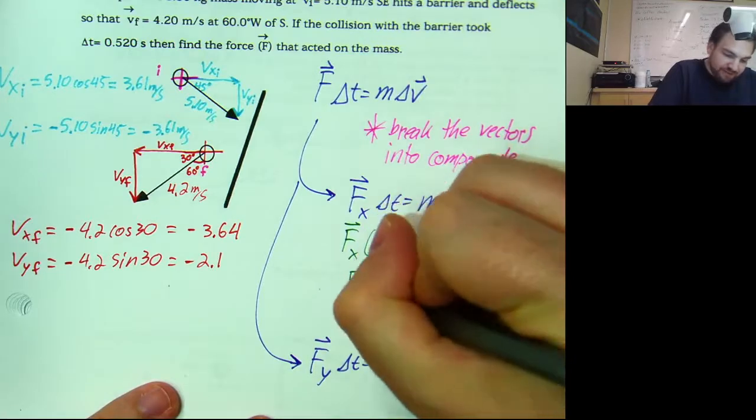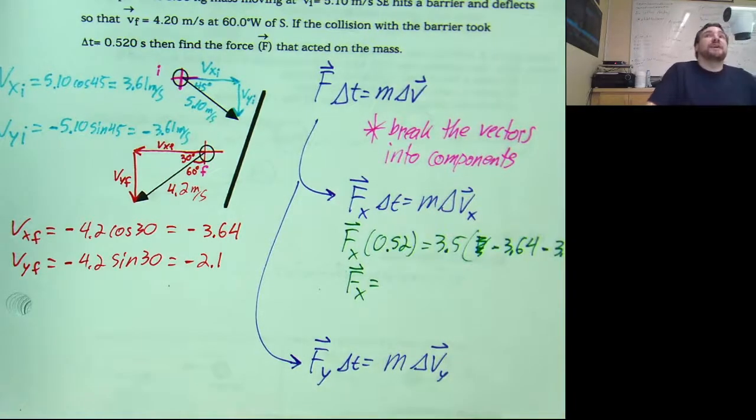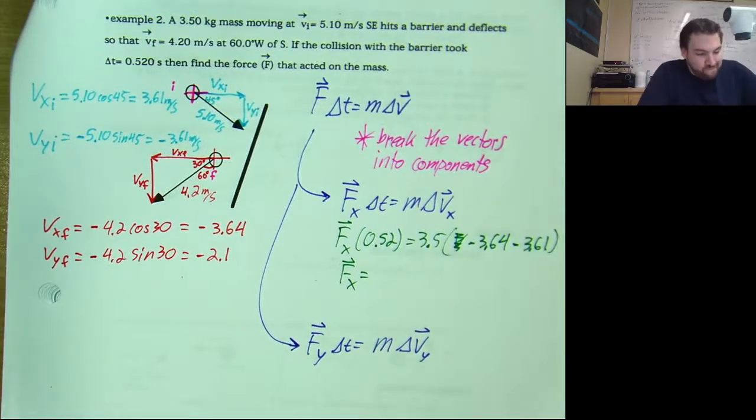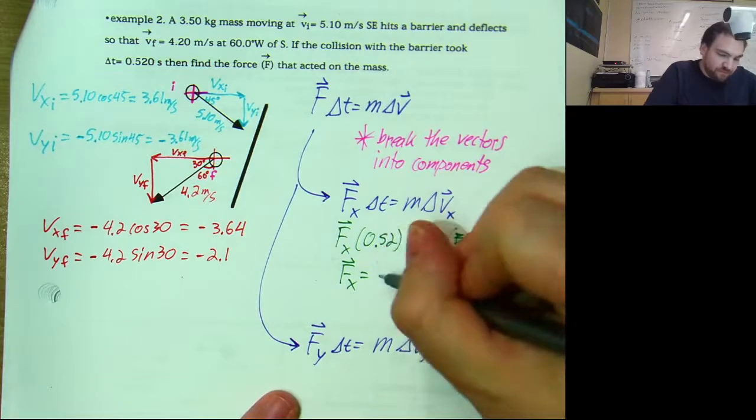So force X final is going to be what? How much force was applied to this thing in the X direction? 2 decimal places.